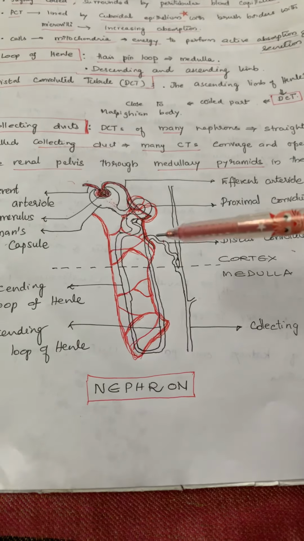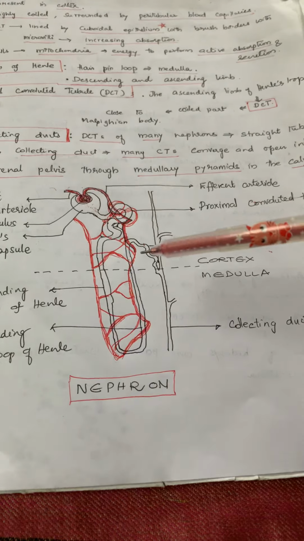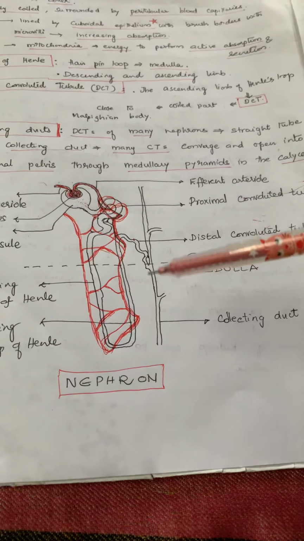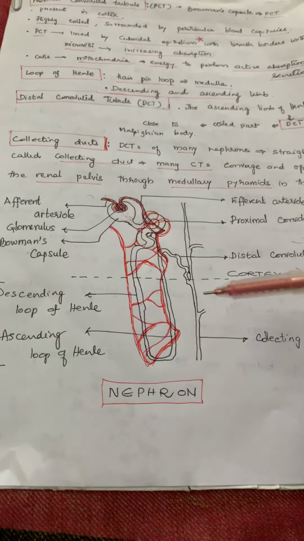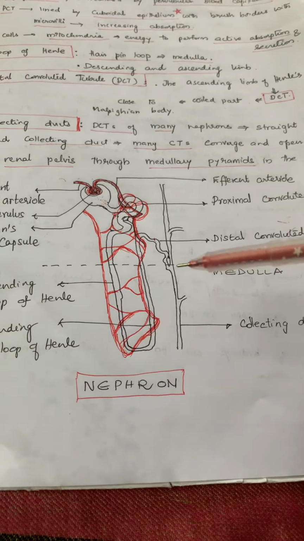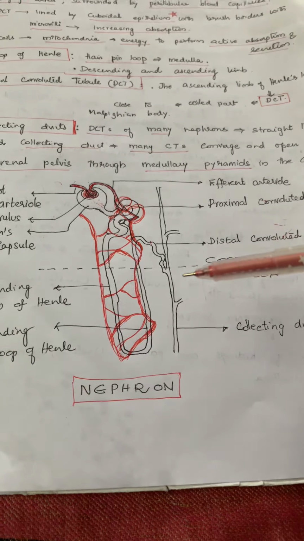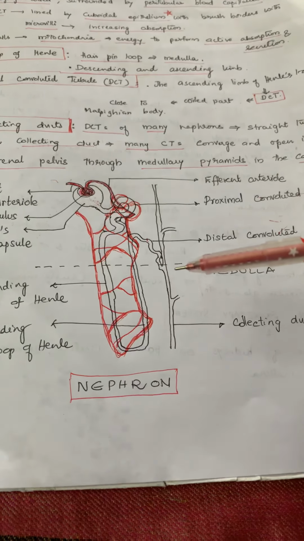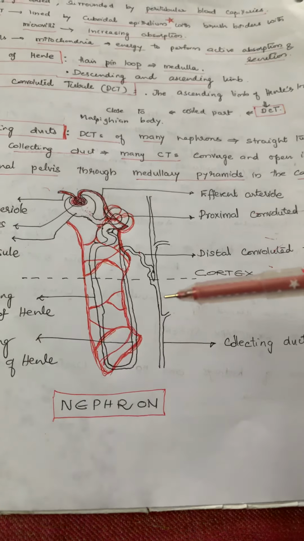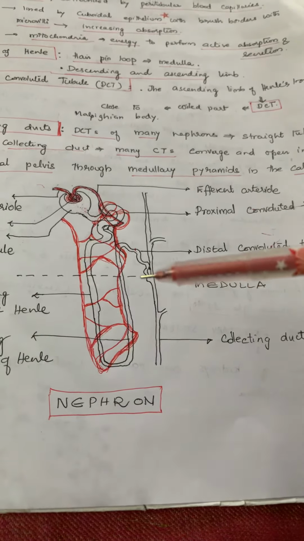The DCTs of many nephrons lead into a straight tube that is called the collecting duct. Many collecting ducts converge and open into the renal pelvis through the medullary pyramids, in the calyces.